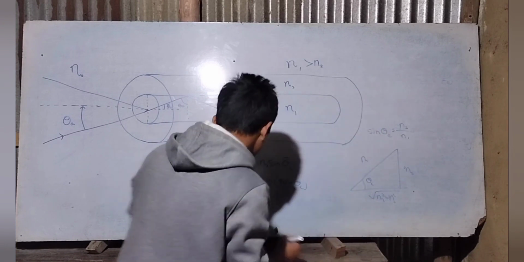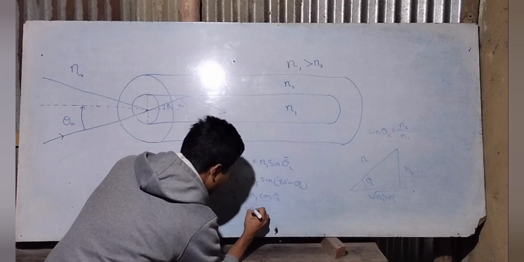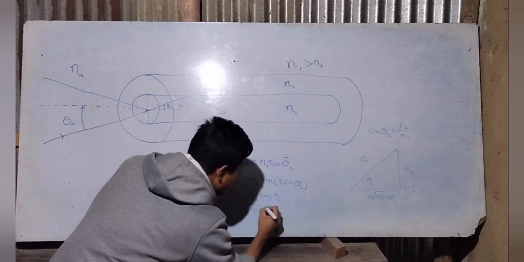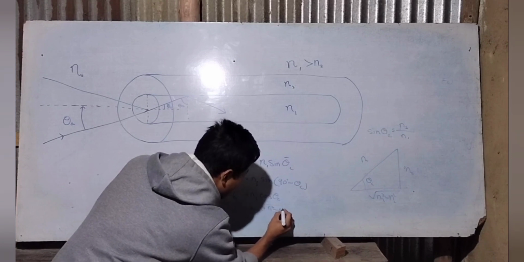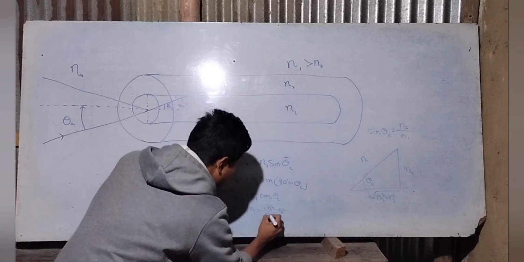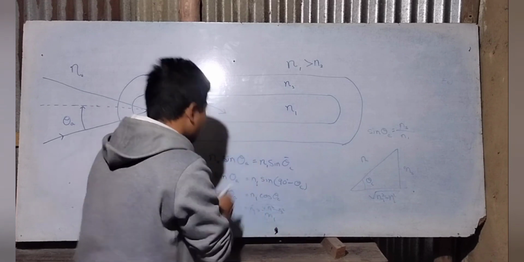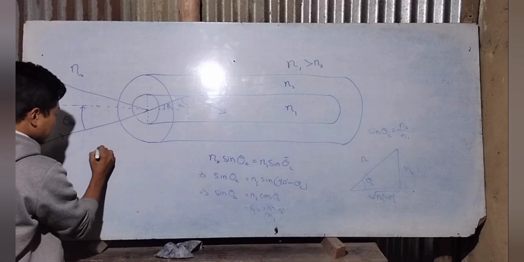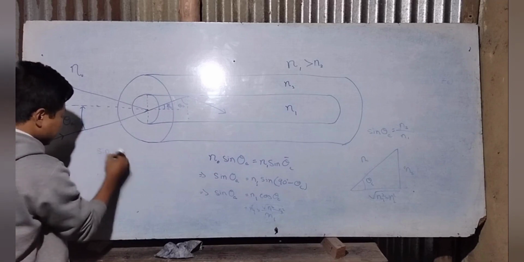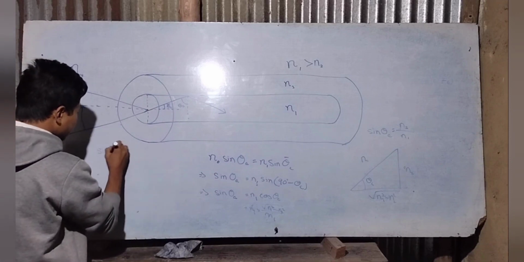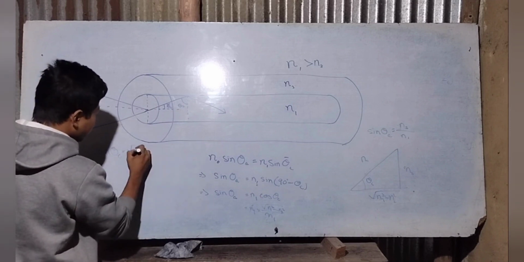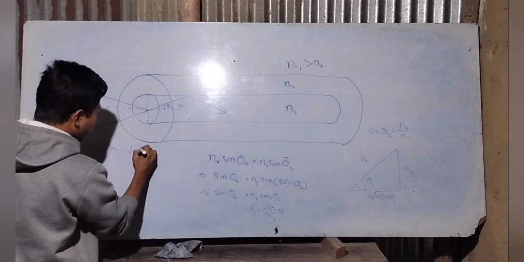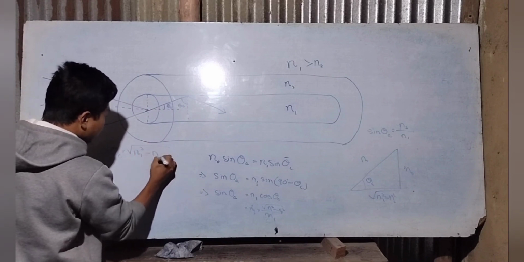So if we represent it here, we have n1 into root over n1 square minus n2 square by n1, since it is cos, and then we cancel this, and we are going to have sine of theta a equal to root over n1 square minus n2 square.